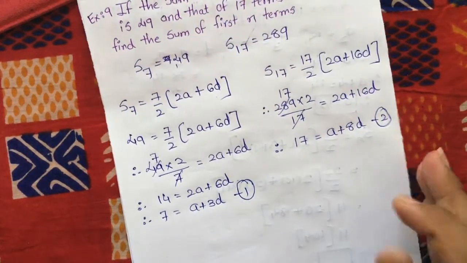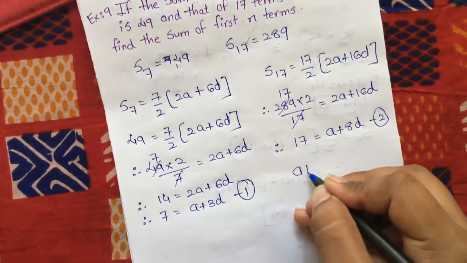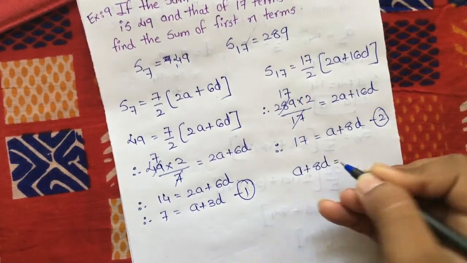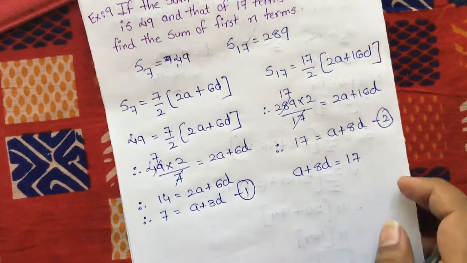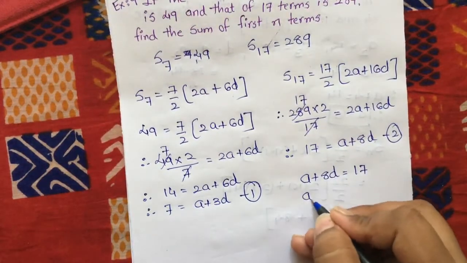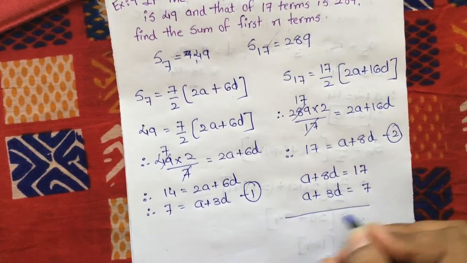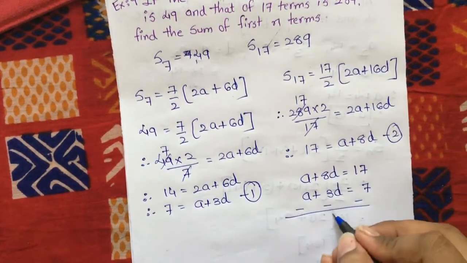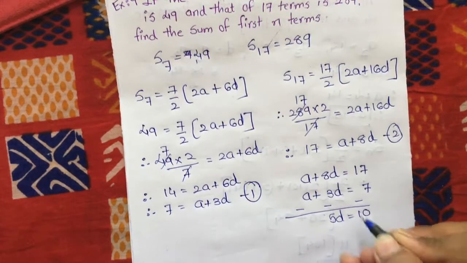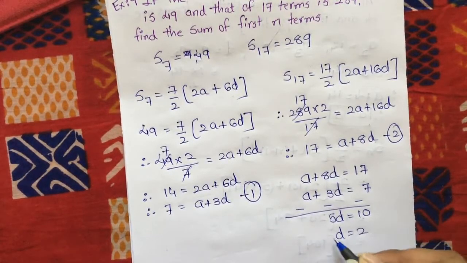So we have to solve this. So a plus 8d is equal to 17 and a plus 3d is equal to 7. Subtracting, this is 5d is equal to 10, therefore d is equal to 2.